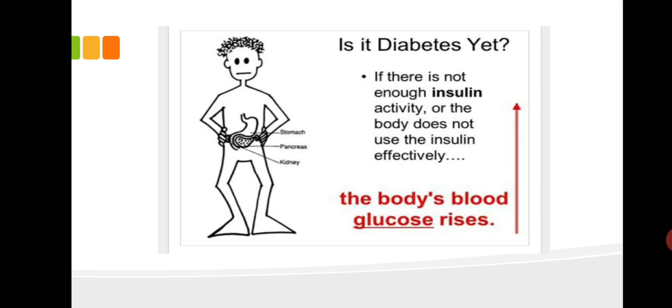How can we know if it is diabetes? If there is not enough insulin activity, or the body does not use the insulin effectively, the body's blood glucose rises. This condition is known as chronic hyperglycemia or diabetes mellitus.